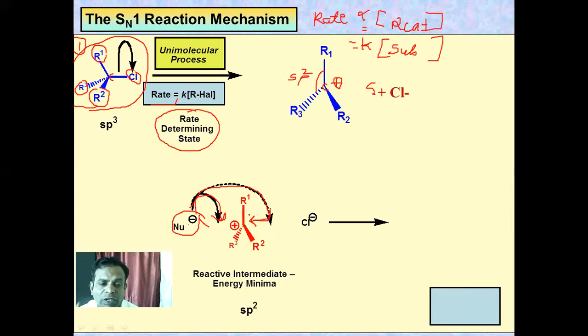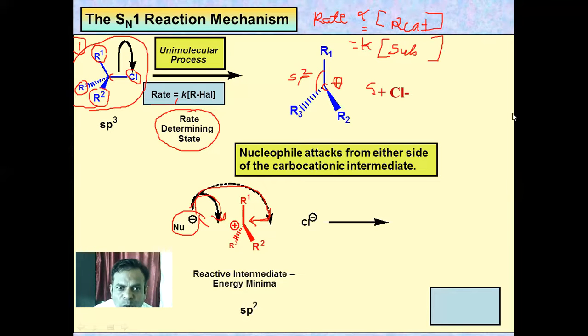So here you will get the nucleophile attack from either side of a carbocation. It means back side or it may be front side.